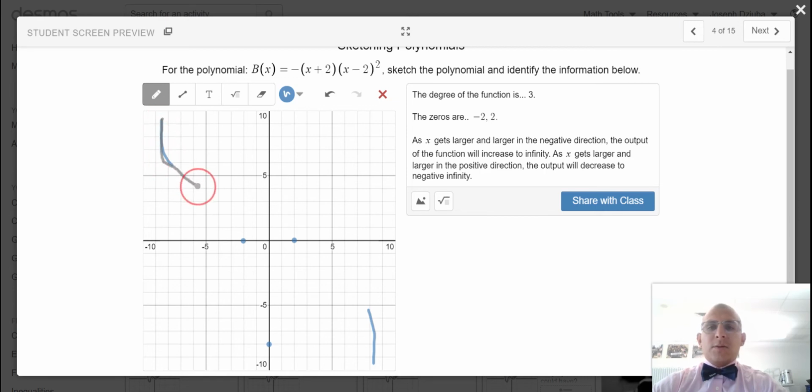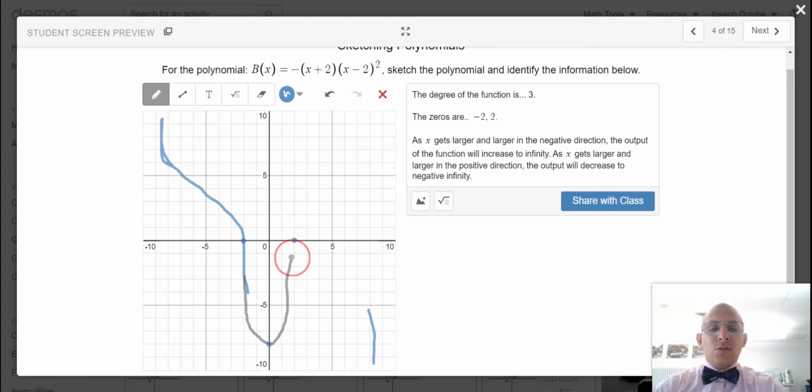So as I come to my first x-intercept, at these points I would need to take into consideration the multiplicity of each factor. To this point, we've just been able to go straight through our roots, and for this particular context, that is a perfectly valid move, because then we enter through the y-intercept.